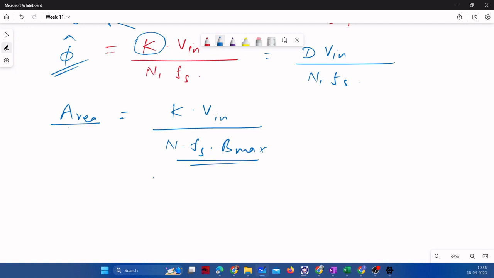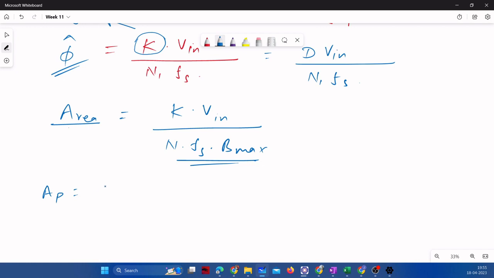Now if I do the area product AP, I will have to bring back the core window area from the first equation, or from the inductor's derivation which we have done already.